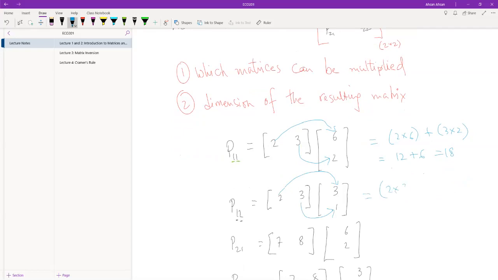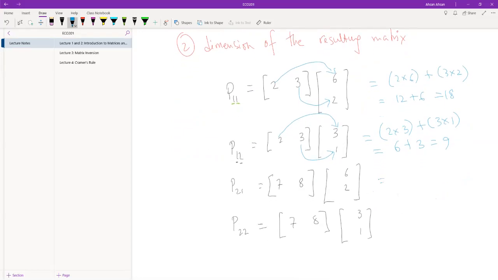So 2 times 3 plus 3 times 1. So we get how much? 6 plus 3 is 9. Over here, this multiplied by this plus this multiplied by this. So 7 times 6 plus 8 times 2, which is 42 plus 16, which is 58.